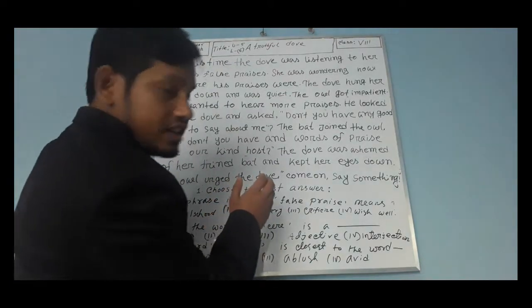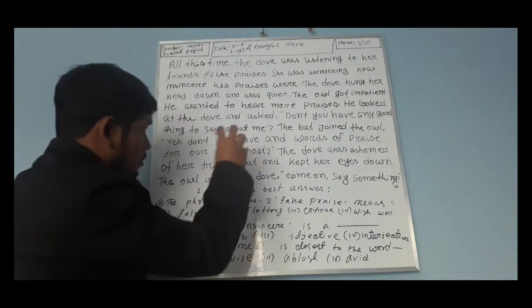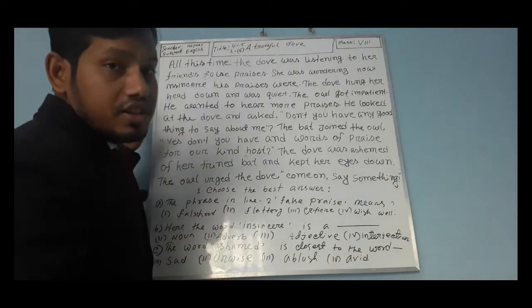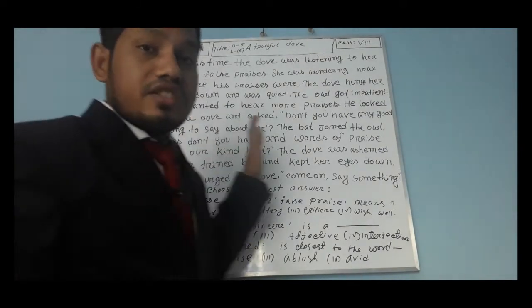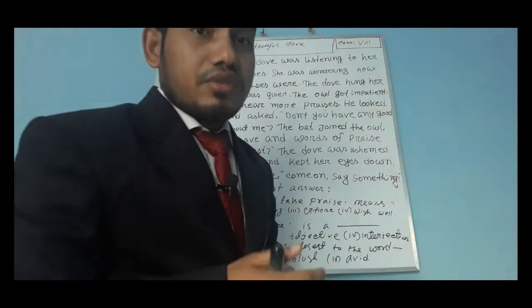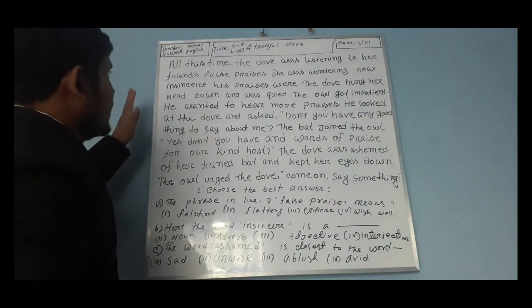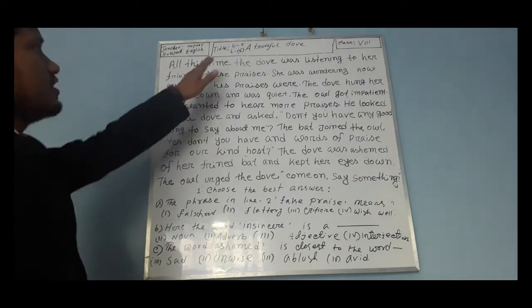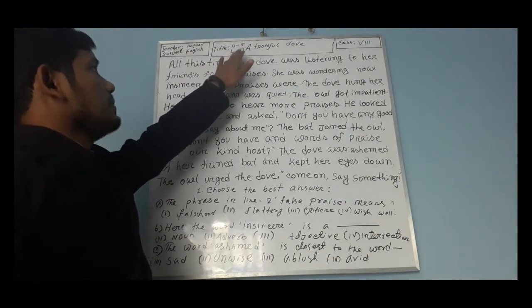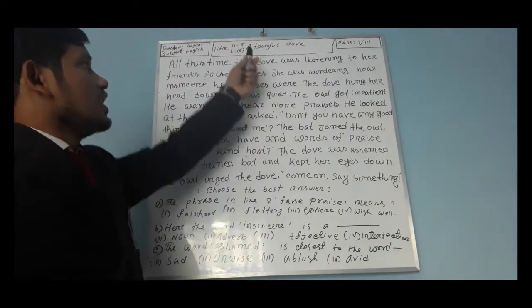Today we'll conduct the class on a very specific part of this fable, the story about a dove and a rat. Here you see the title of the passage, Unit 5, Lesson 6, A Truthful Dove.